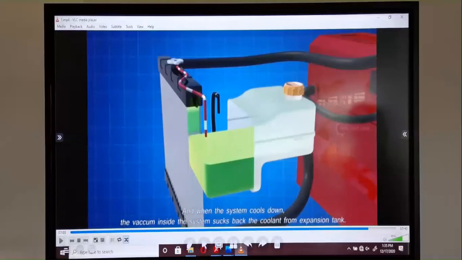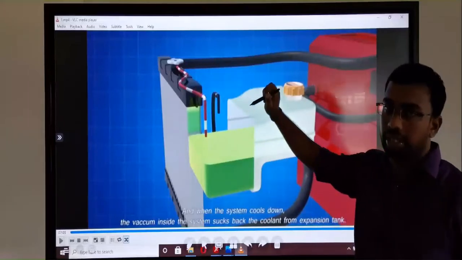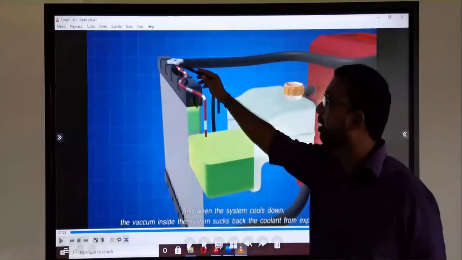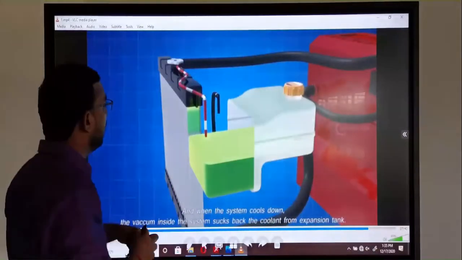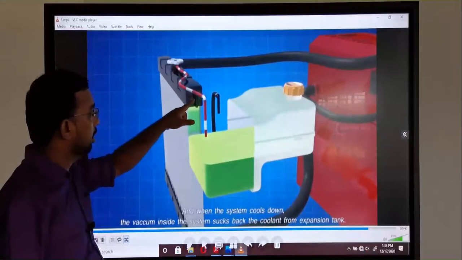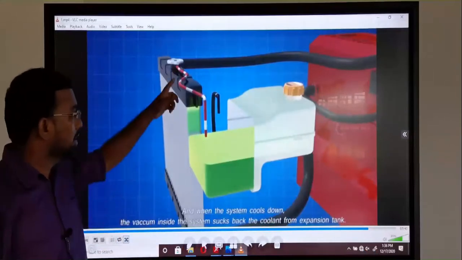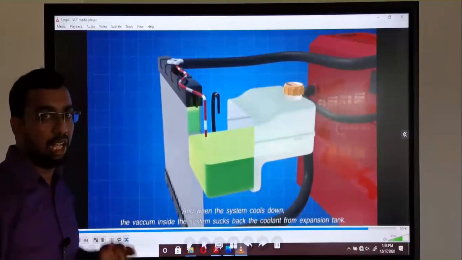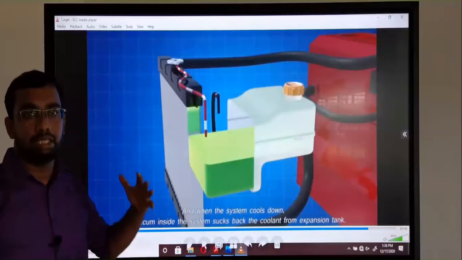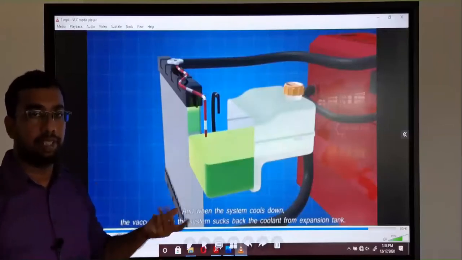So there are two processes. One: if the radiator pressure increases above 15 psi, what will happen? The spring of the pressure cap moves upwards and this line opens. The coolant travels to this expansion tank until the pressure reduces below 15 psi.